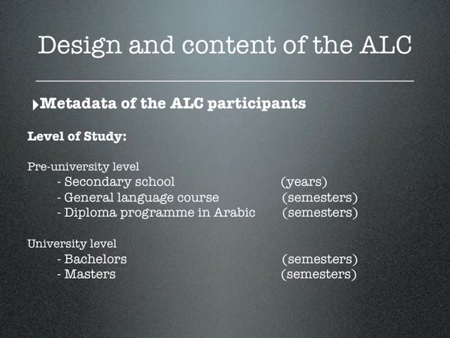Levels of study was also broken up into subcategories based on the year or semester in which the participants were studying. Years were used for the secondary school students, and semesters were used for the other groups as their learning system is based on semesters.